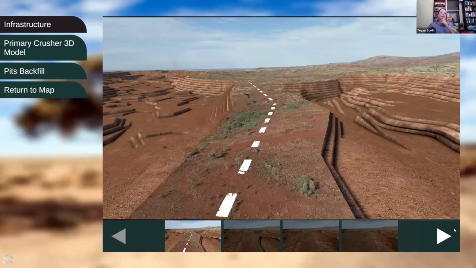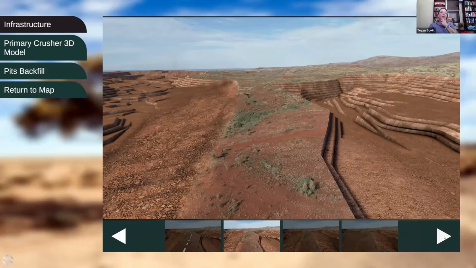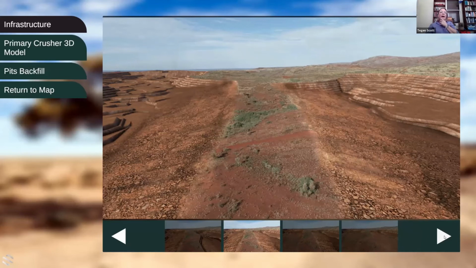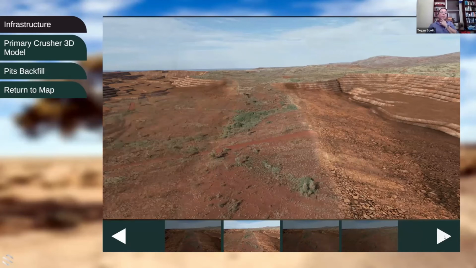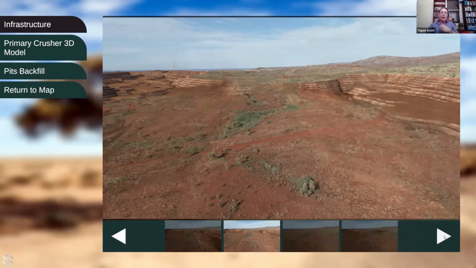And this is an example of how this sort of modelling can start to inform early discussions around things like progressive backfill and mine closure planning, which I think is becoming increasingly important earlier and earlier in these discussions.